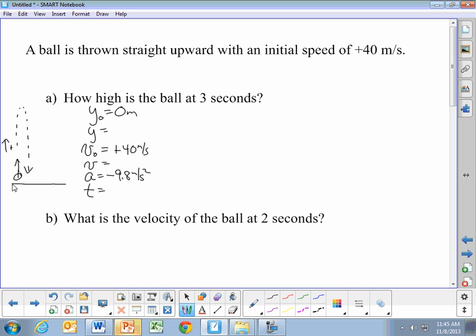This first part is asking what is the height of the ball when t equals 3 seconds. So again, we're going to look at the height as a function of time. The height y equals the initial height, y is 0, plus the initial velocity times the time, plus 1/2 times the acceleration times the time squared.